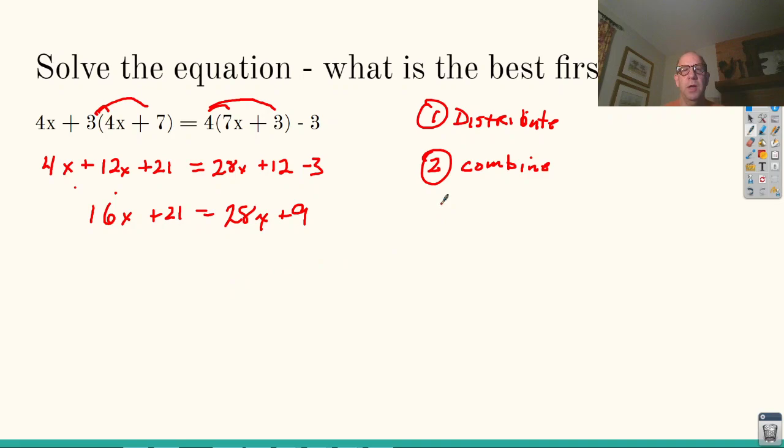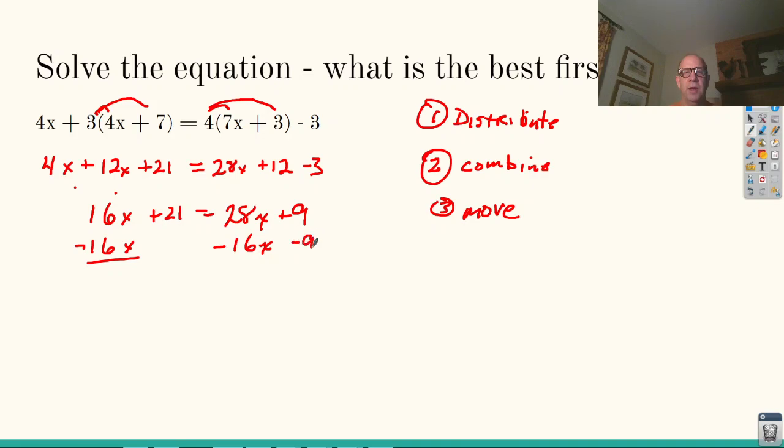Okay. Now I'm going to move stuff left and right by using the properties of equality. So I like my numbers to be positive, and this is 16x, and that's 28x. So I'm going to subtract 16 because it's smaller. So minus 16x on both sides. That means I'm going to get the 9 over there.